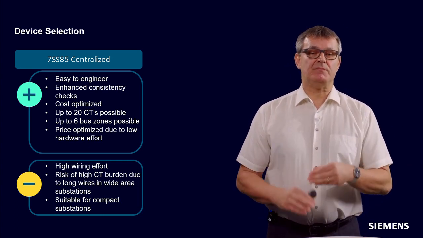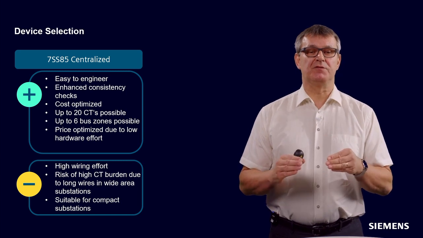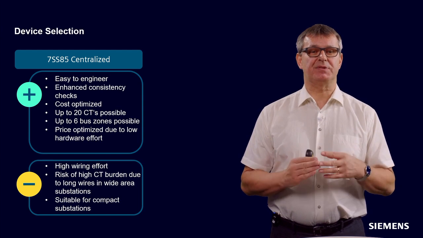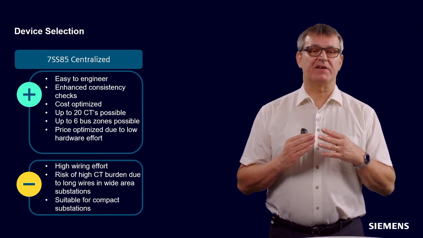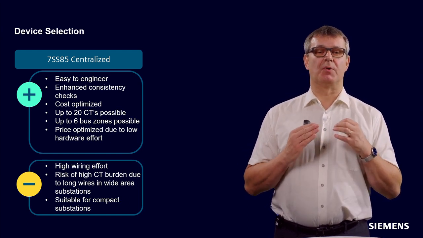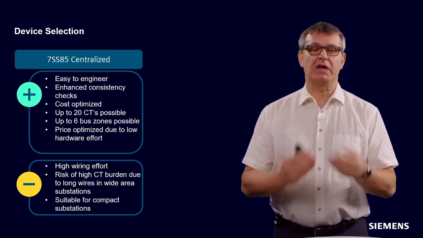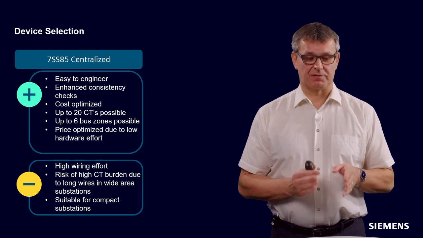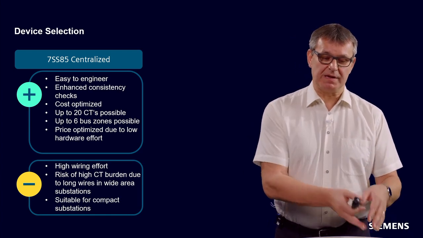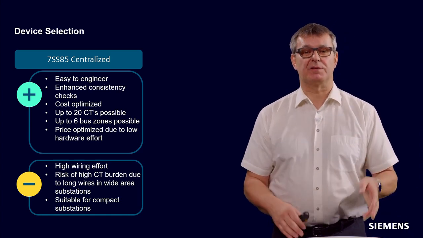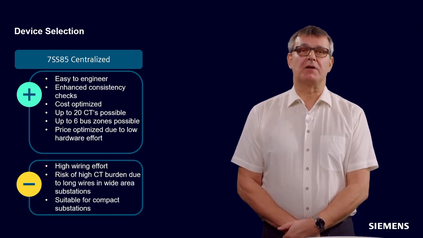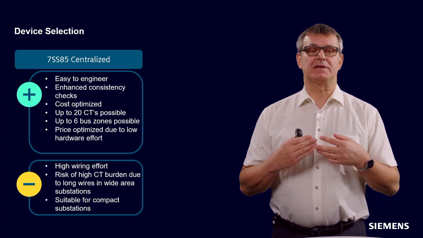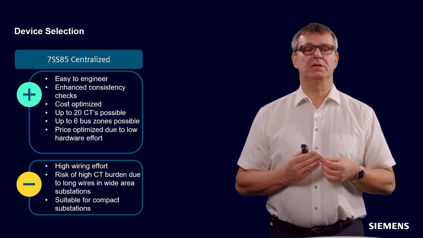Very important, if we have a large air-insulated substation, we will have a risk of a high CT burden, because the long cables from a bay, which may be 200 meters away from the central unit, need a very long wire, and this leads to a high CT burden.